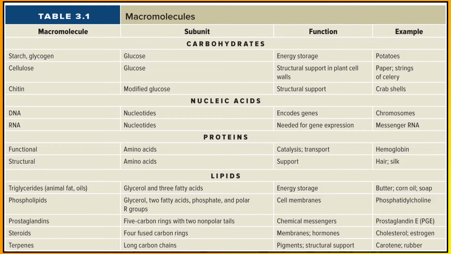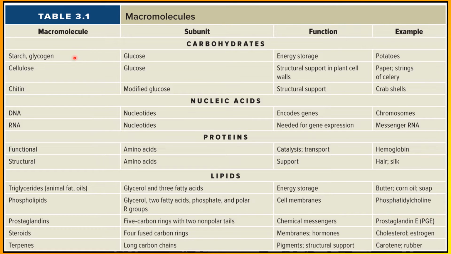All right, so here's a nice table from another source that breaks everything down for you and presents it at face value. Here are your macromolecules: carbohydrates, nucleic acids, proteins, and lipids, which we'll learn extensively about in this chapter.